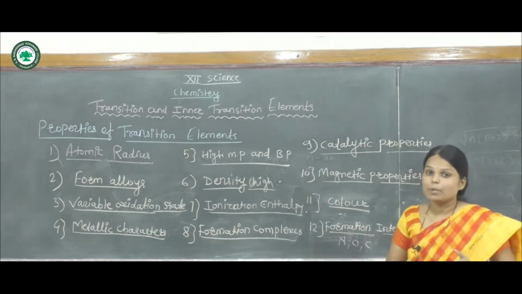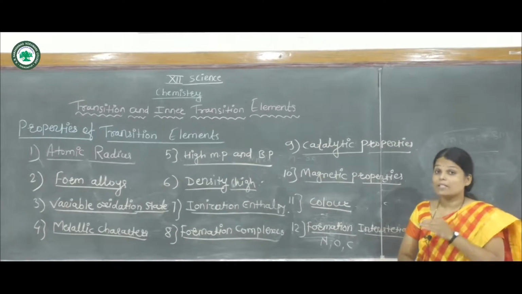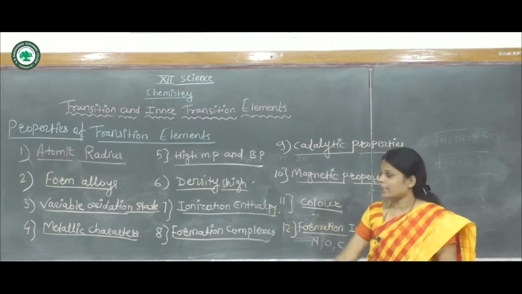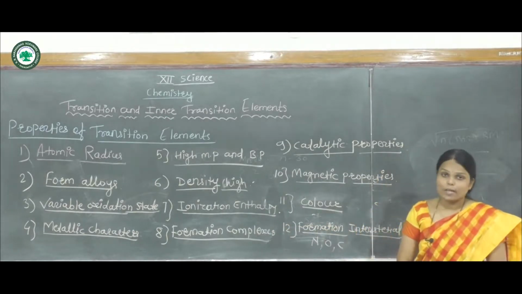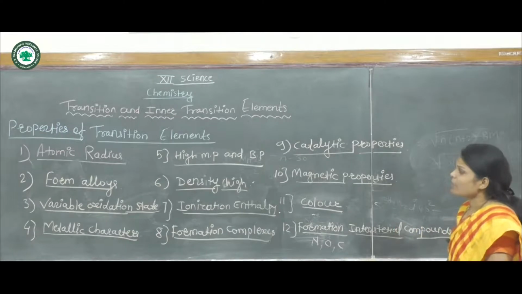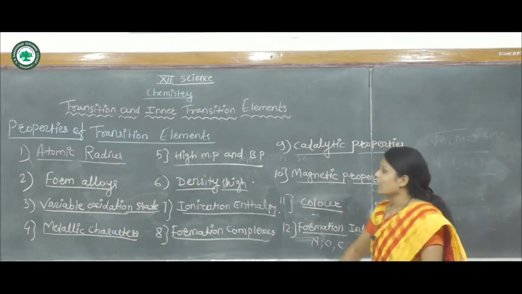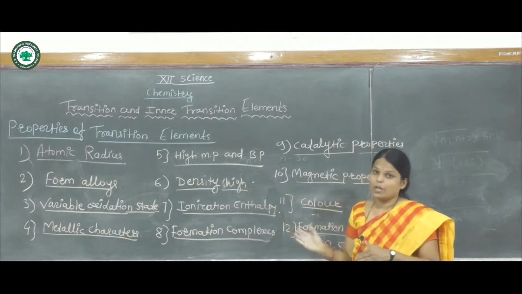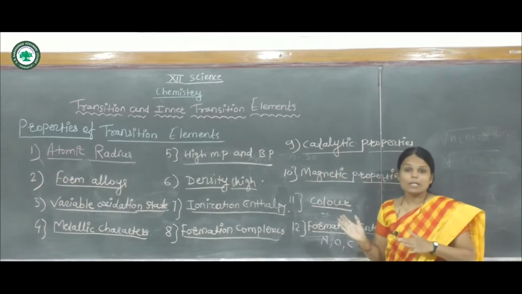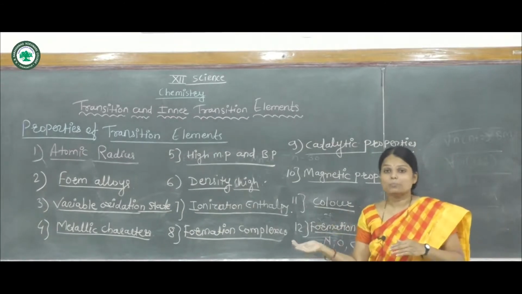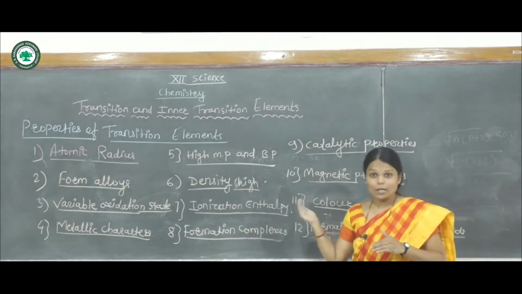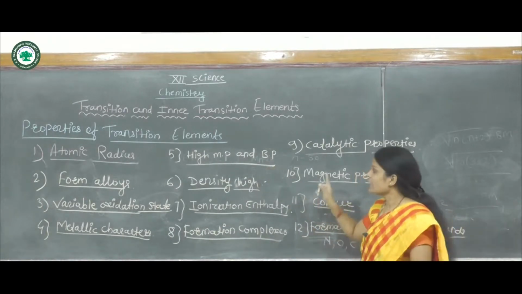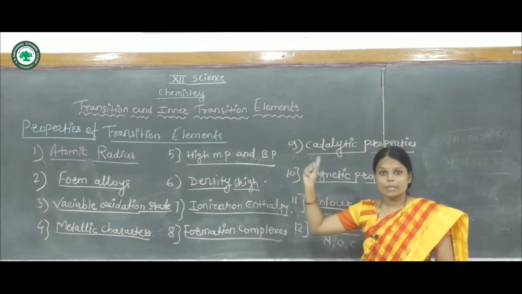Again the reason is the same: the presence of unpaired electrons in the d orbitals, and that's why they show metallic character. The next property of the transition elements is high melting points and boiling points, due to the presence of unpaired electrons, the increase of atomic size from left to right, and the increase of metallic character. That's why they show high melting and boiling points.